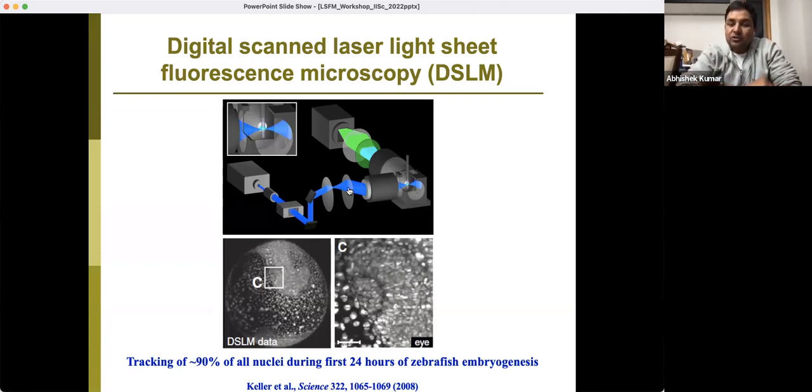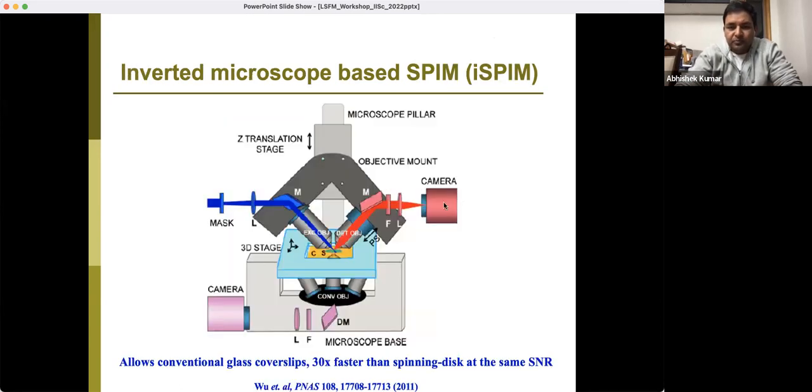In microscopy jargon, this is multi-view acquisition. For the same sample, you can look from different perspectives, and then computationally fuse those images to retrieve more information than any of those views can give you.